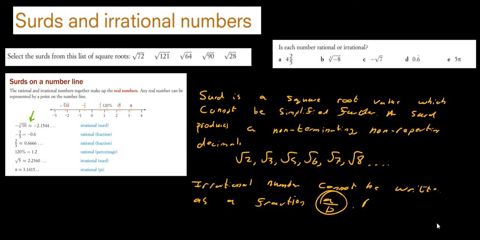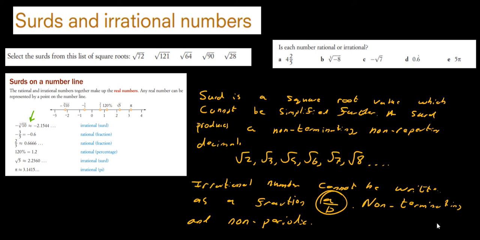An irrational number is non-terminating and non-periodic. That means non-repeating. So irrational numbers go on forever, and they do not repeat in cycles or blocks.